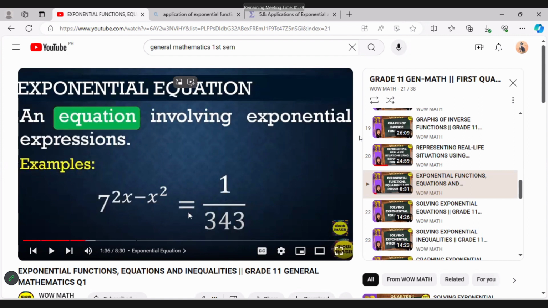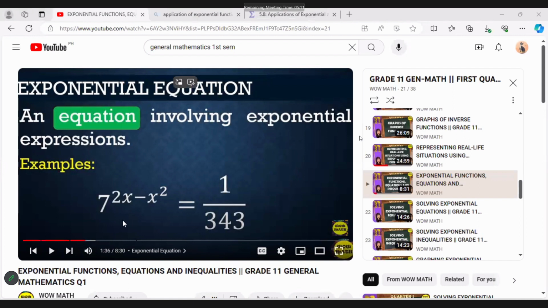So, it is the equation of two exponential expressions. It is an equation involving two exponential expressions, and it could also be 3 or more.